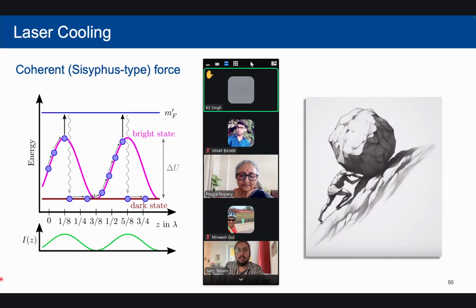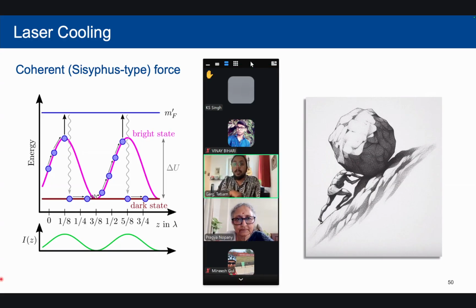So if we can share the references of the pioneering works, and those works which people are pursuing these days, that would help.